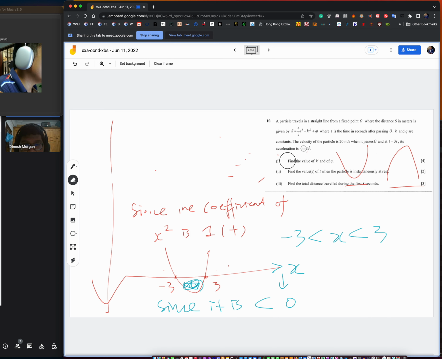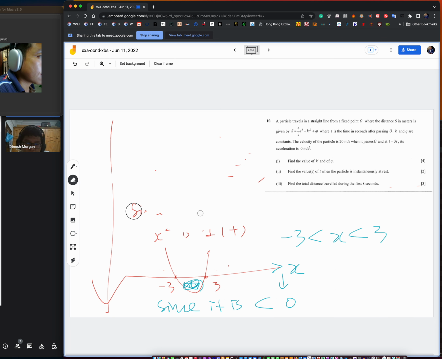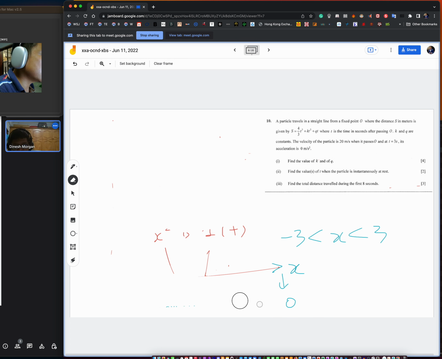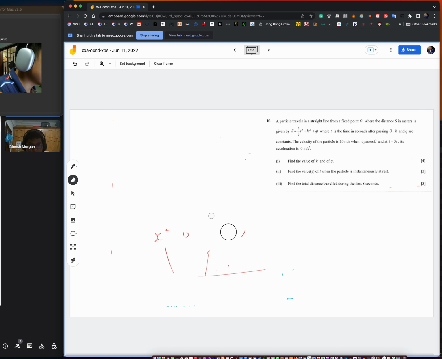Yes, but the thing is, when it comes to kinematics, you know the displacement and the distance are two different things, right? Yeah, from the origin. Then distance is... So let's take a look at question 10. You should be at slide 8. With this, I think we had a very good discussion today.